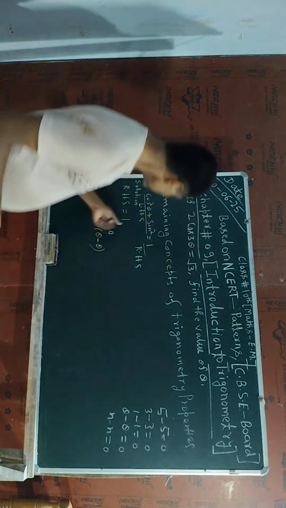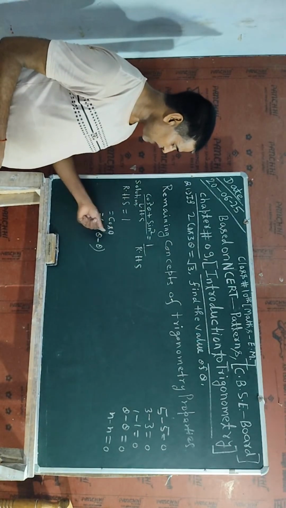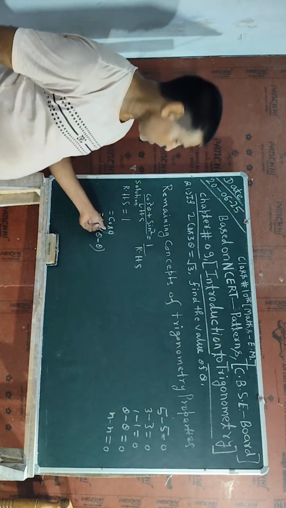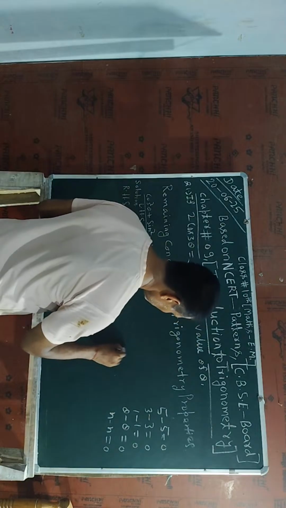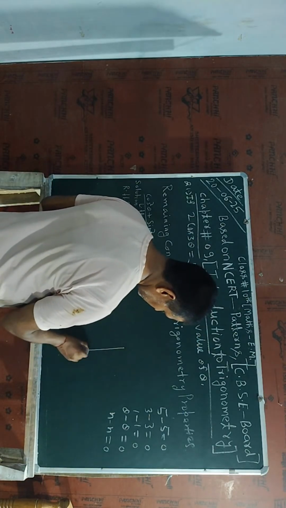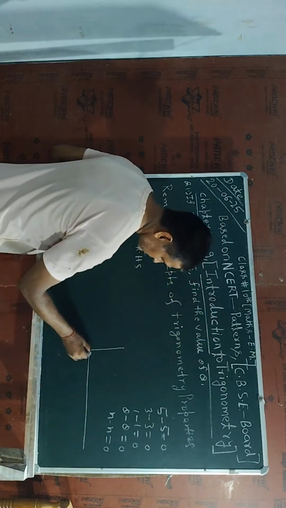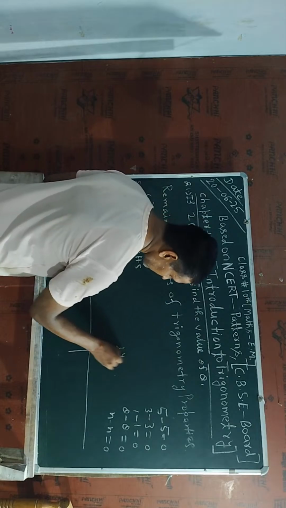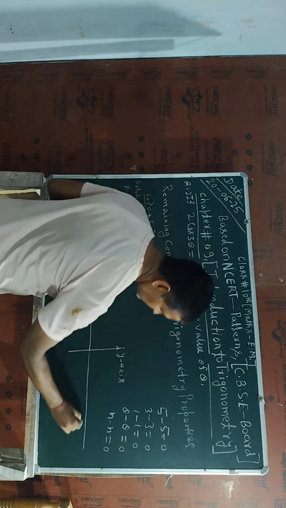So the right hand side value is given here as 1, and in the place of 1 I can write cos 0, because cos 0 is always 1. I am going to show it with a diagram so you will know it very clearly. Now this is the x-axis I am going to draw, and this is the y-axis.